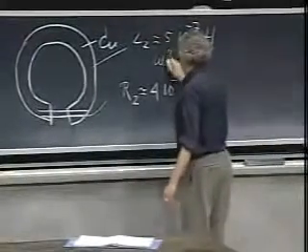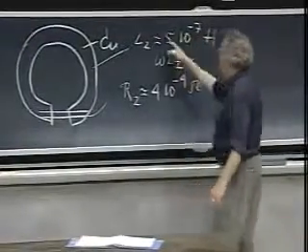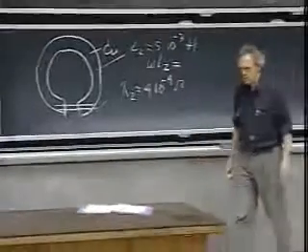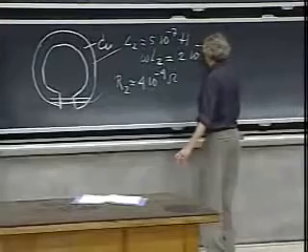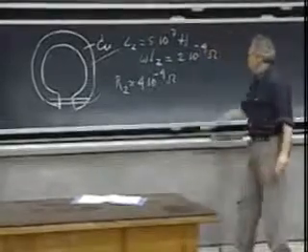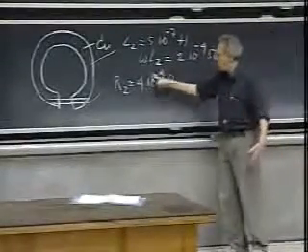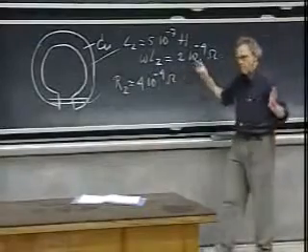So omega times L2, I have to multiply this by 377, becomes about 2 times 10 to the minus 4 ohms. Even though R2 is not much, much smaller than omega L2, they are now beginning to be comparable.